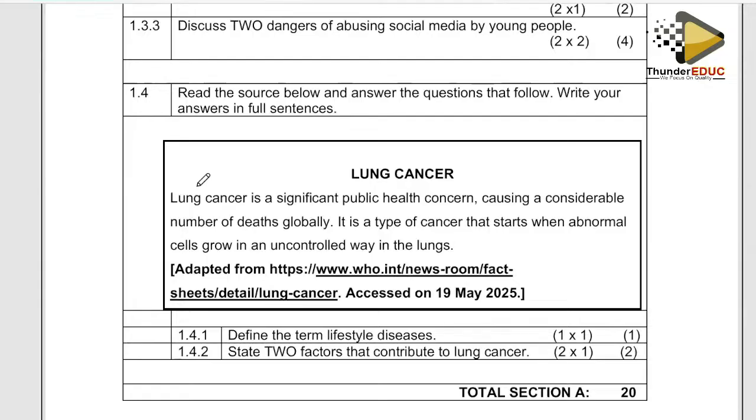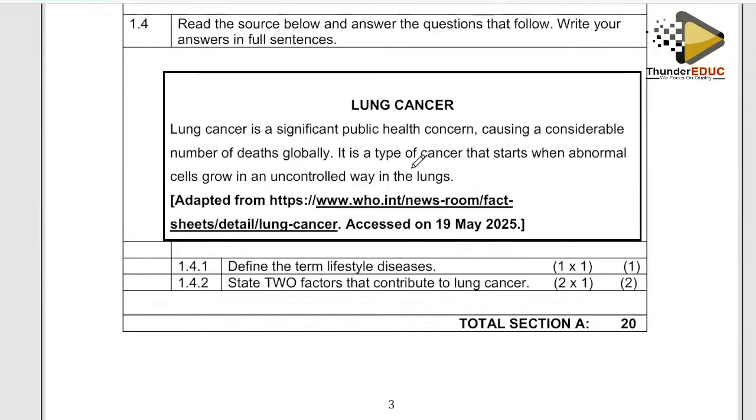This is a case study on lung cancer. Lung cancer is a significant public health concern causing a considerable number of deaths globally. It is a type of cancer that starts when abnormal cells grow in an uncontrolled way in the lungs. So 1.4.1 says, define the term lifestyle disease.